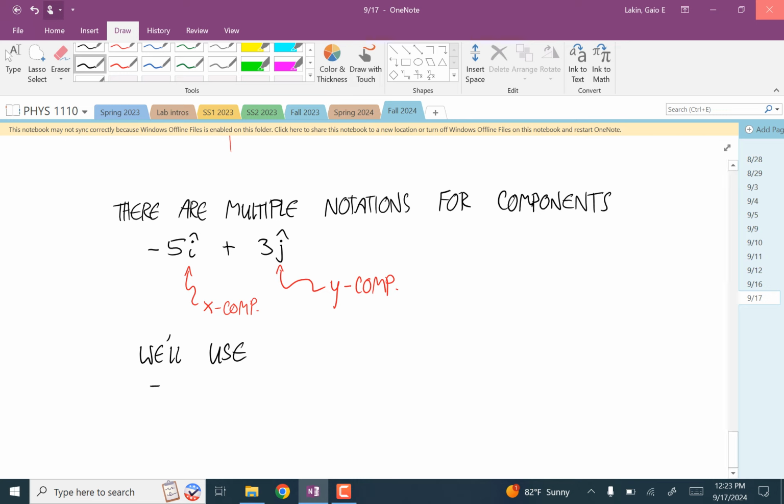The first one is the x component, and then the bottom one is the y component. And for now, there's not really any meaning to that. It's just a convenient way to write it. All you have to remember is that the top one is the x component, and the bottom one is the y component.